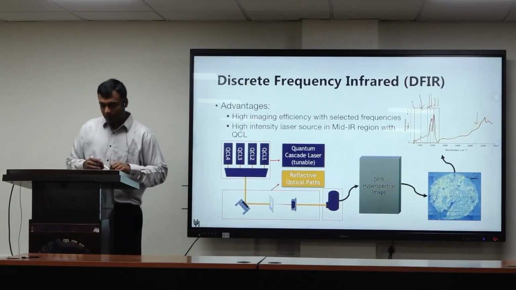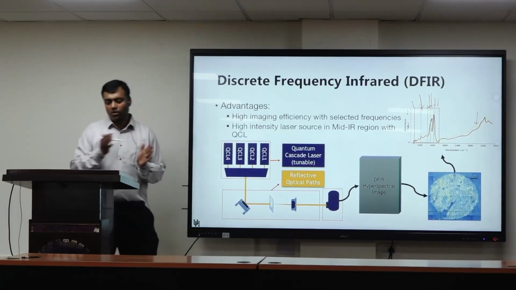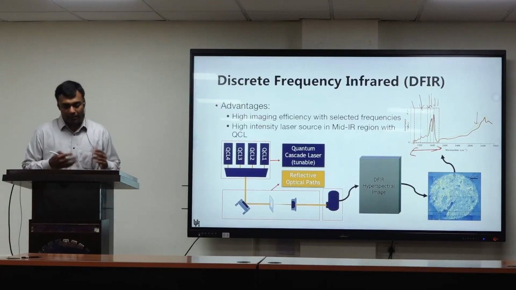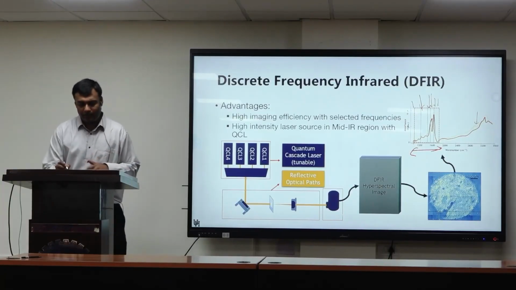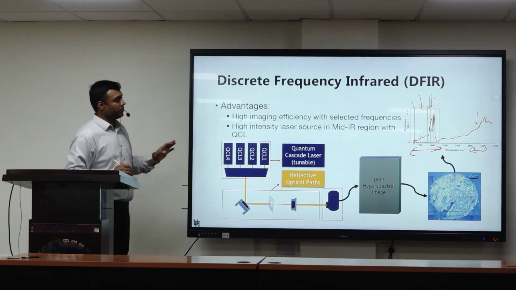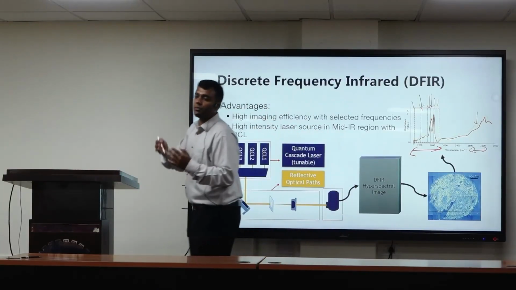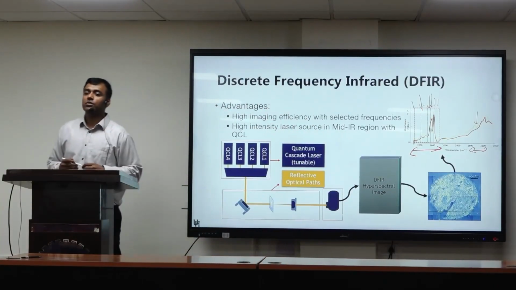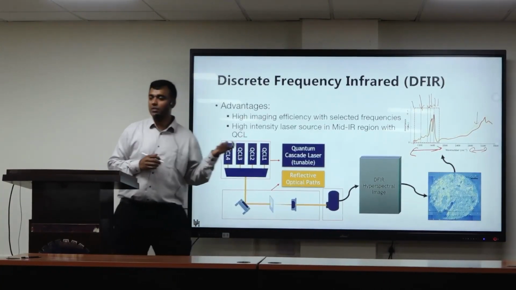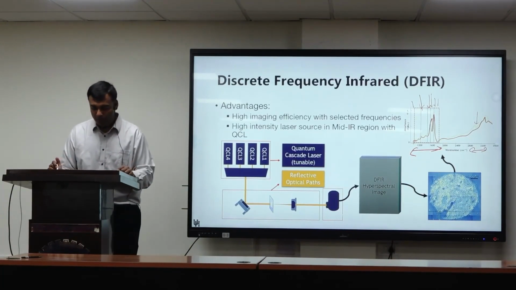The advantage of quantum cascade lasers is that they can tune across a wide range, typically across this range of wavelengths. This is called the molecular fingerprint region. It's like a fingerprint.